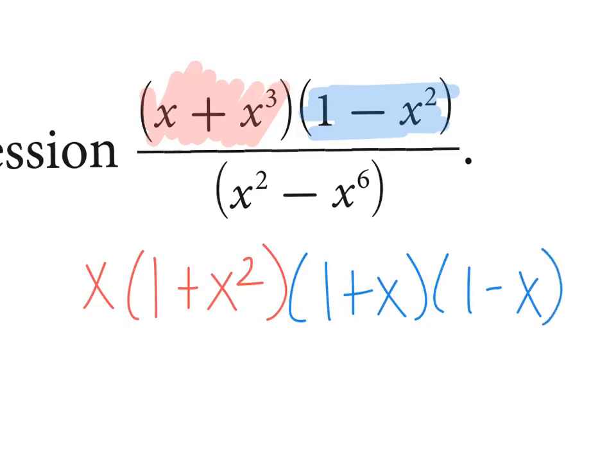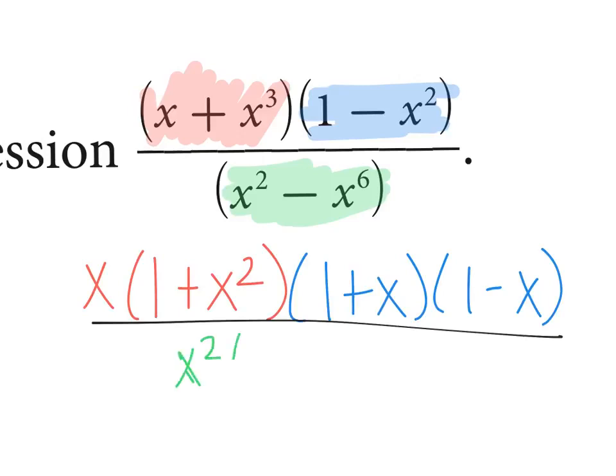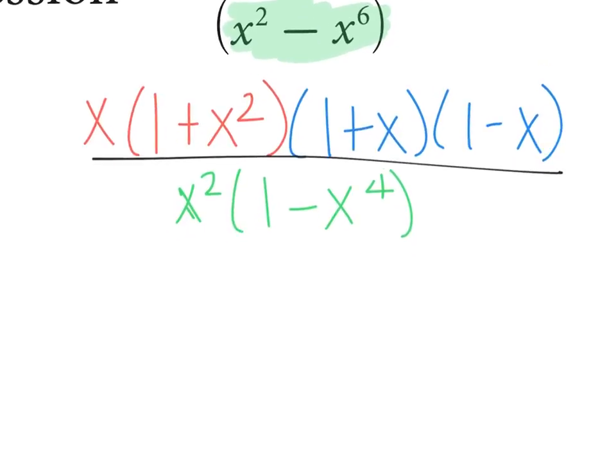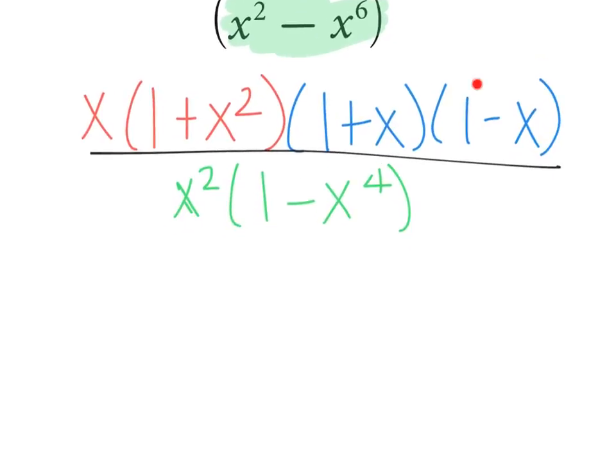And then divided by, if I look at my denominator, I have x squared minus x to the 6th. So first of all, that has a greatest common factor of x to the 2nd, so I can factor out an x squared, and I'm left with 1 minus x to the 4th. But this problem can factor some more. The numerator can't factor anymore. I know a lot of you probably want to factor 1 plus x squared, but you can't because there is a plus sign there.